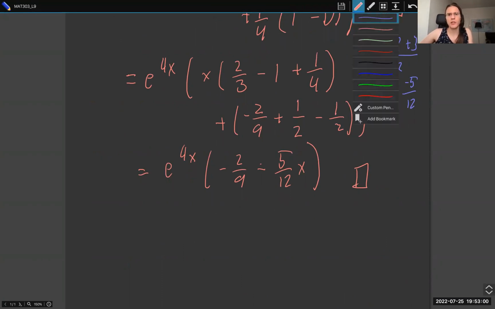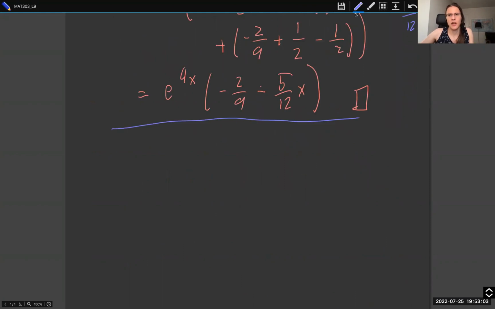So I'll just define what a Laplace transform is. So this is the heading of Laplace transforms.